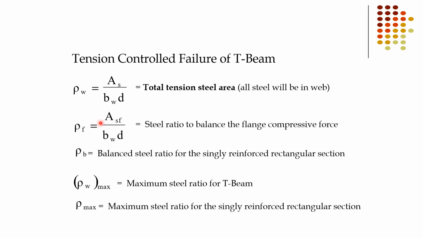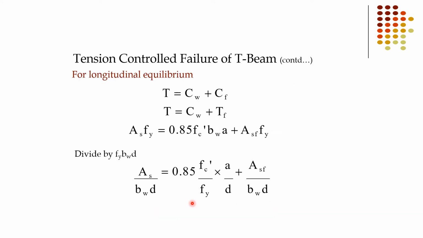Rho f, that is the area of steel required to balance the flange portion, Asf divided by bw d. Rho balance is the steel ratio for a singly reinforced rectangular section. Rho w max is the maximum steel ratio for the T-beam. Simple rho max is the maximum steel ratio for a singly reinforced section. That is the nomenclature.